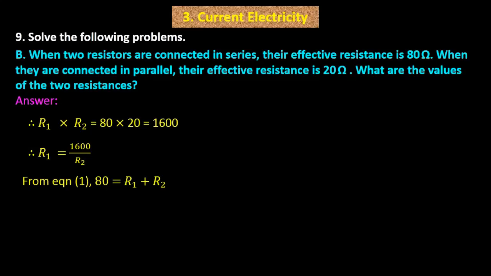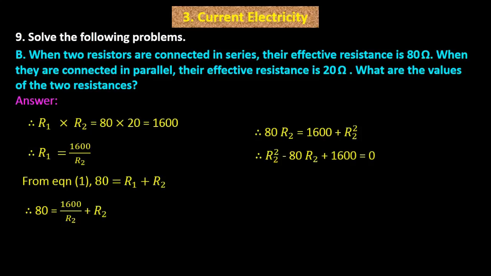From equation 1, 80 is equal to R1 plus R2. Therefore, 80 is equal to 1600 upon R2 plus R2. Therefore, 80 R2 is equal to 1600 plus R2 square. Therefore, R2 square minus 80 R2 plus 1600 is equal to 0.